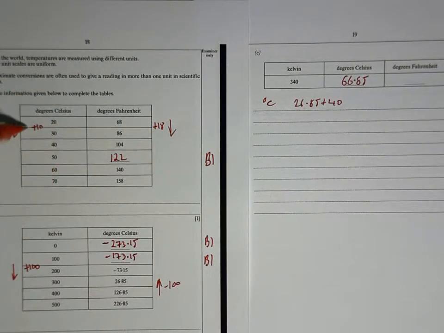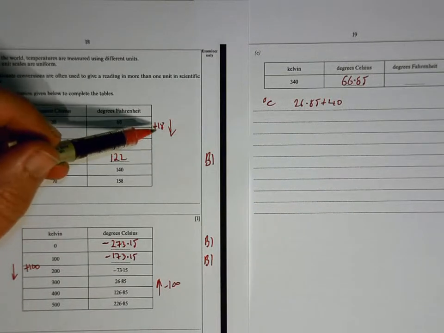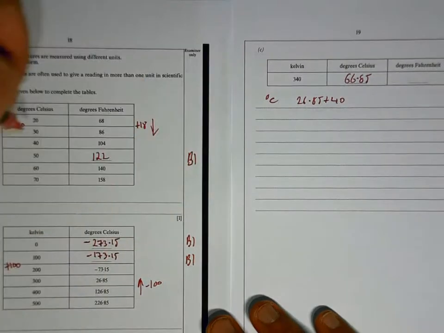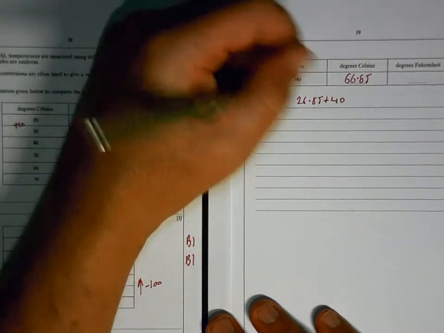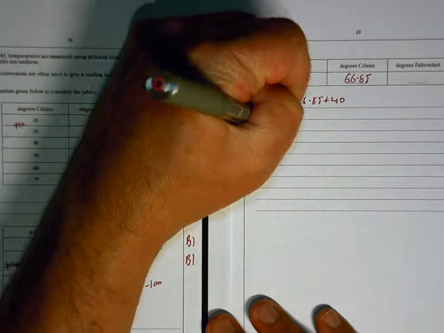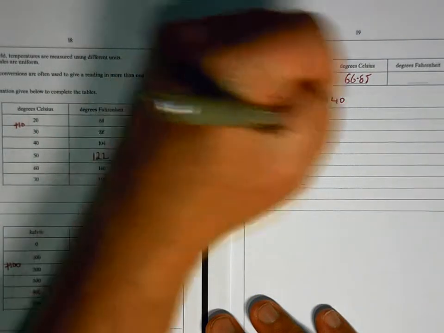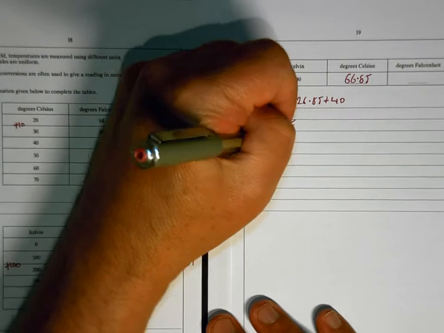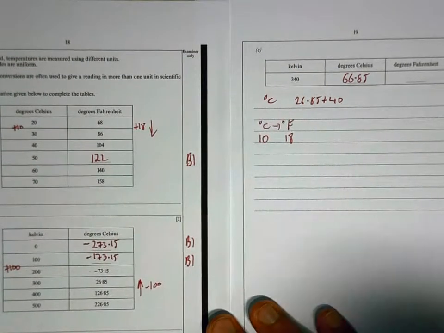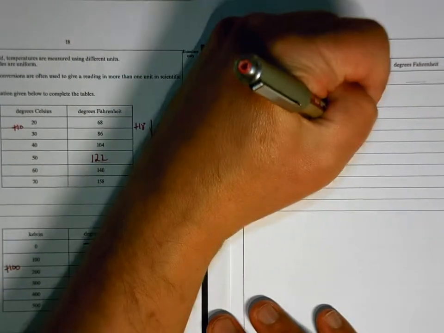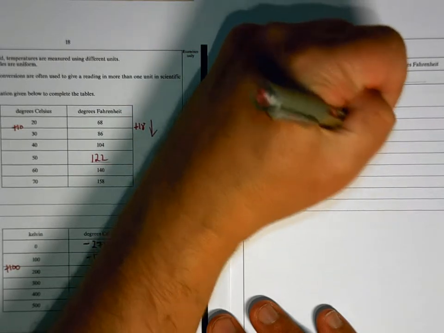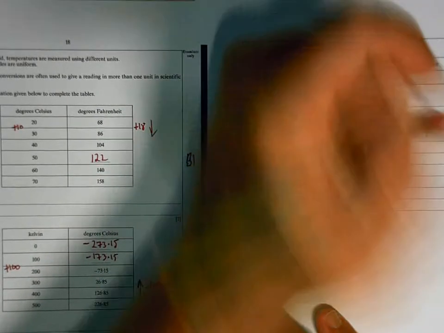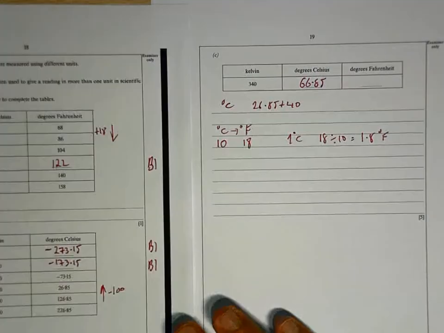So 1 degree is going to be moving 1.8. Okay, so to turn degrees Celsius into degrees Fahrenheit, we've got 10 degrees Celsius is 18 Fahrenheit. So 1 degree Celsius is going to be 18 divided by 10, which is 1.8 degrees Fahrenheit.